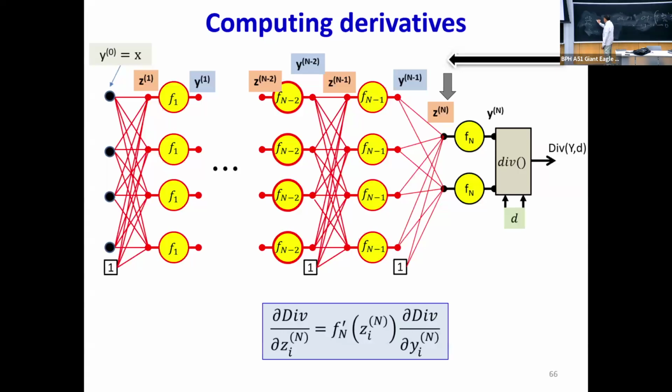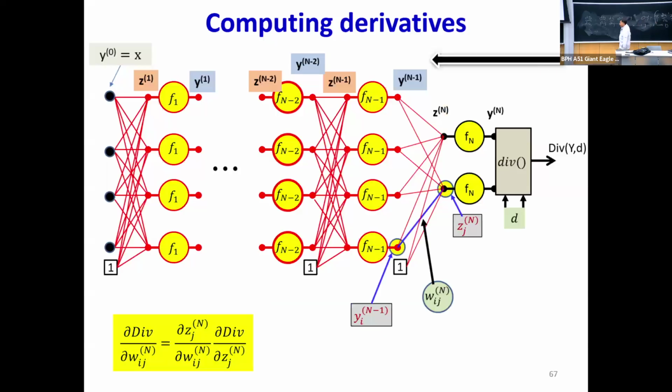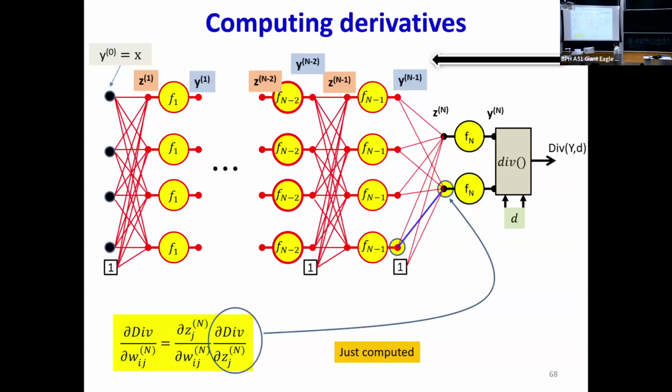This is simply going to be the derivative of the divergence with respect to zj times the derivative of zj with respect to wij. This is just the chain rule. And in the process of pushing derivatives backward, this first term has already been computed.